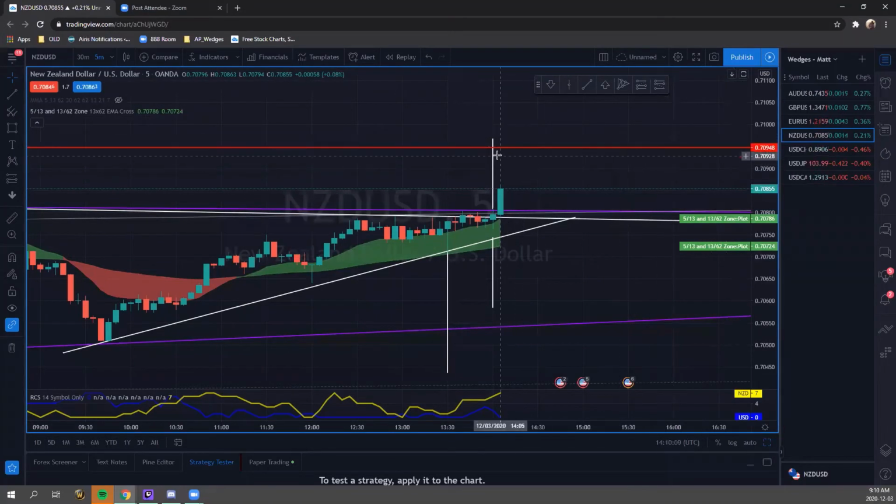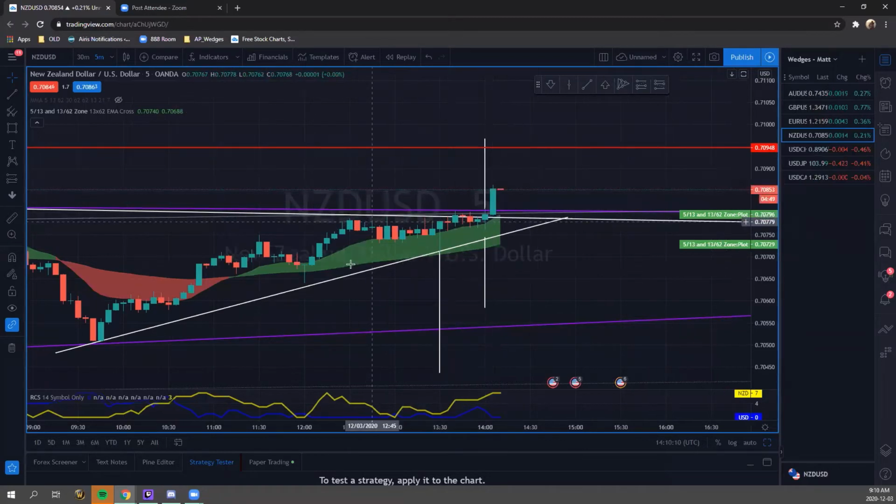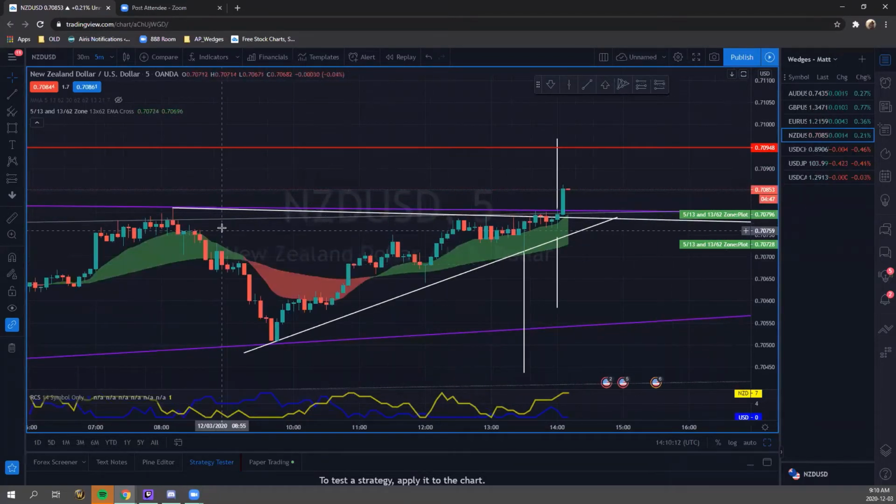I try to be as strict as possible for time frames. 80% of all Forex trade volume is from London to the end of New York, but after 12 o'clock it gets slow.